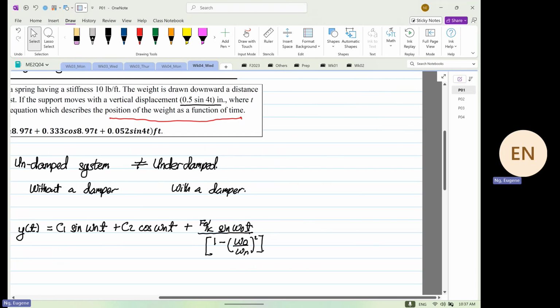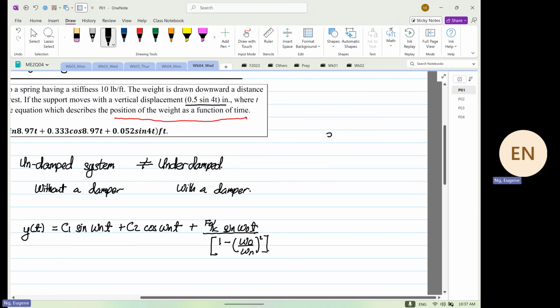The first thing you realize on your summary sheet is that you can write this down when it is an undamped system: ωn is equal to the square root of k over m.